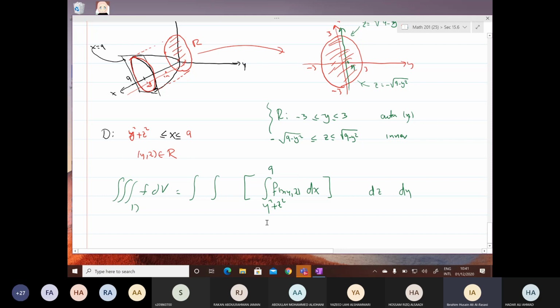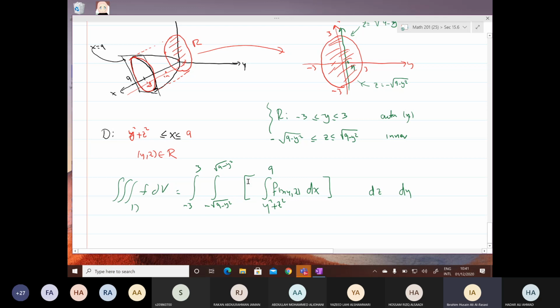For R, the outer is dy from minus 3 to 3, and the inner z goes from minus root 9 minus y squared to root 9 minus y squared.